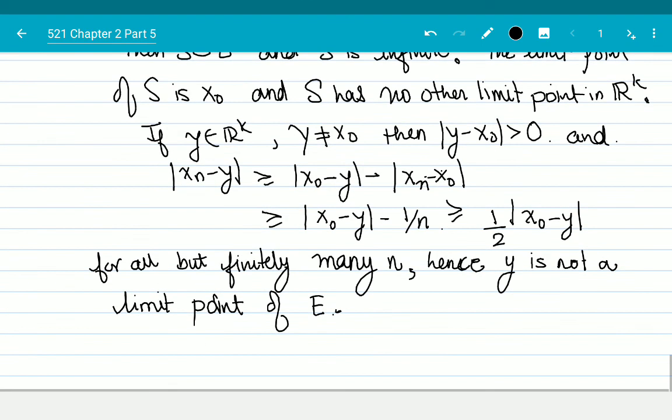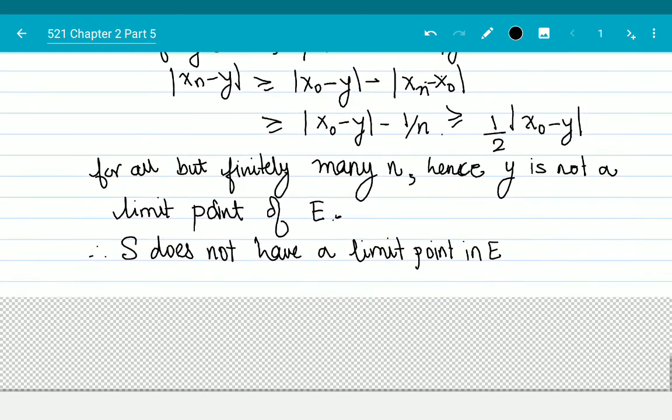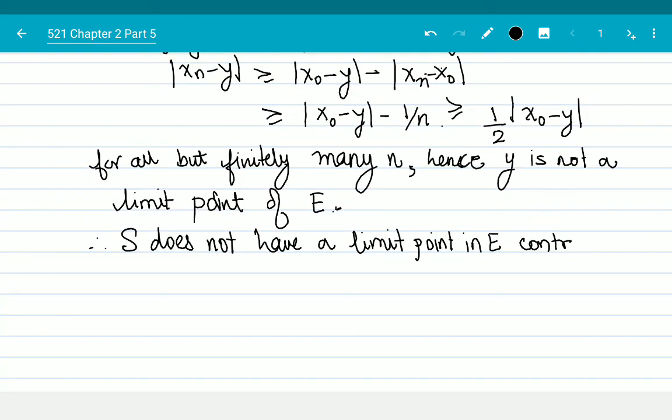Therefore, S does not have a limit point in E, contradicting C. And hence, since we are assuming C, E is closed.